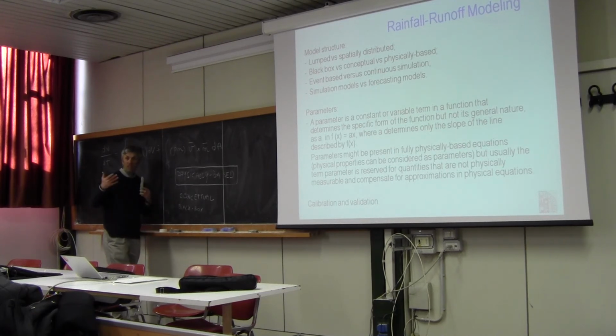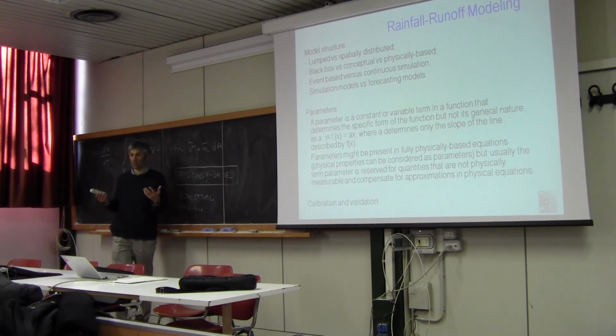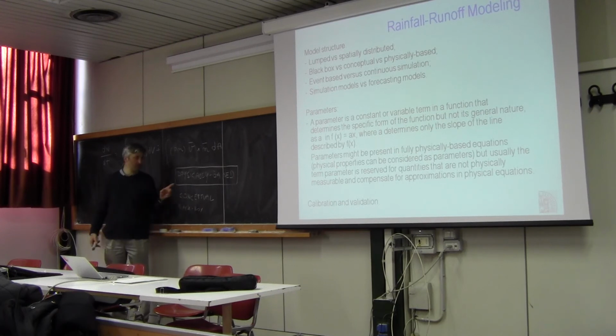Let me clarify what is a typical parameter in a physically based equation so you can get the meaning. The roughness coefficient, coefficiente di scabrezza in Italian, which is used to model the water flow in rivers, is a parameter. A parameter that is plugged in a physically based equation.